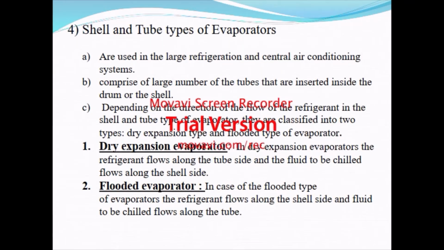And then the last one is the shell and tube type of evaporator, used in large refrigeration and central air conditioning systems, comprising a large number of tubes that are inserted inside a drum or shell.